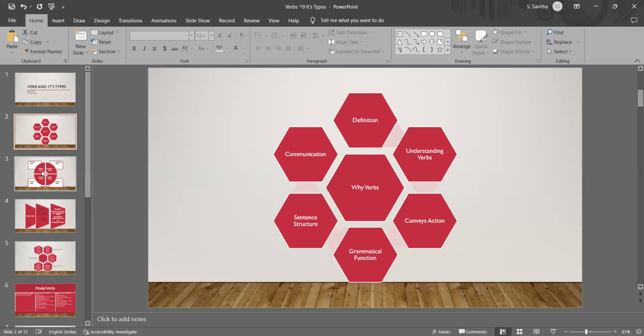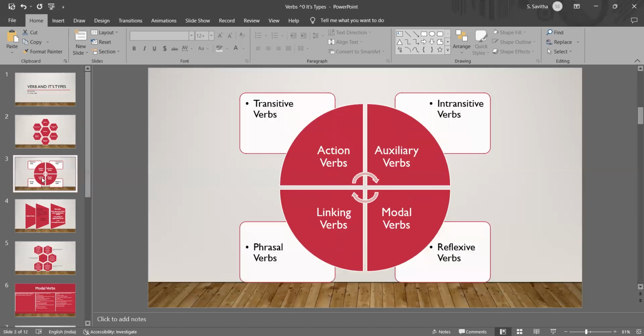So, to go further in detail, let us look into the different types of verbs. There are several types of verbs in English: action verbs, auxiliary verbs, modal verbs, linking verbs, transitive verbs, intransitive verbs, reflexive verbs, and phrasal verbs.